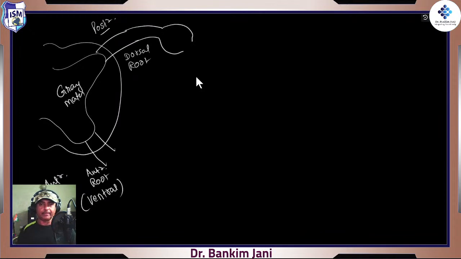one ganglia, right? This ganglia is like a relay station. So there is a ganglia over here. What name should we go? It is dorsal root ganglia. So easy, right?